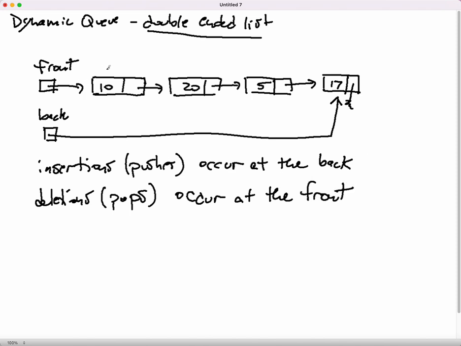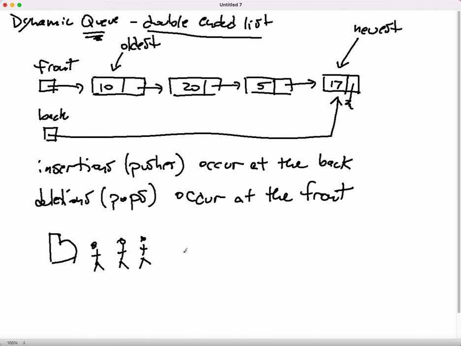So as we look at this dynamic queue, this guy over here is the oldest element in the double-ended list. This one's been here the longest. This one over here is the newest. A queue is just like you're at the supermarket at the checkout counter, and here's the cash register, and you're waiting to pay, and here's a person with their groceries, and another, and another, and here's you.